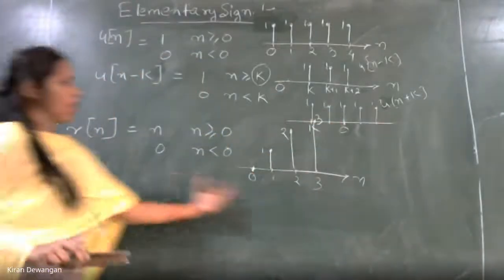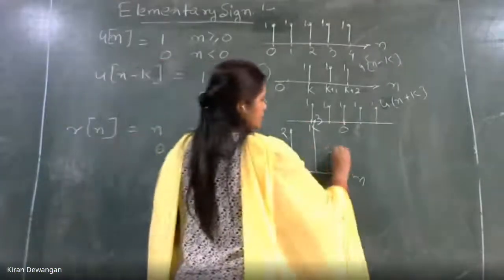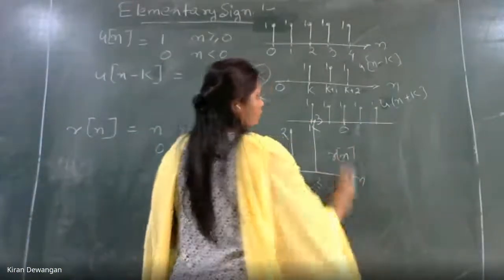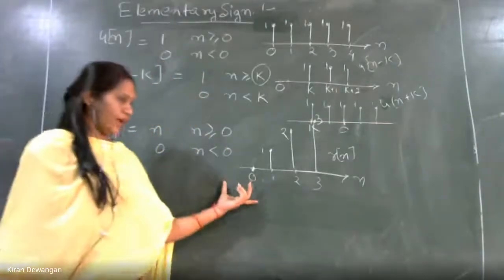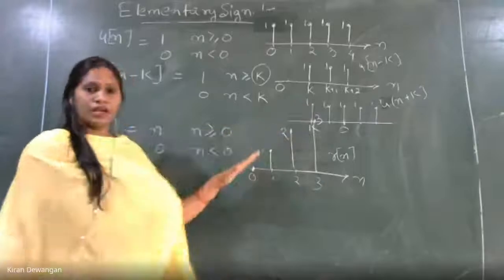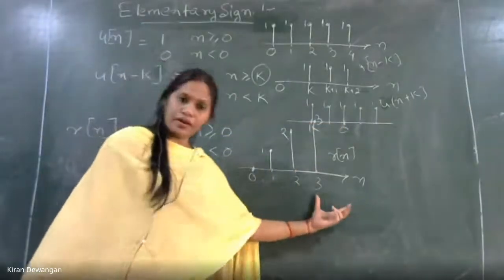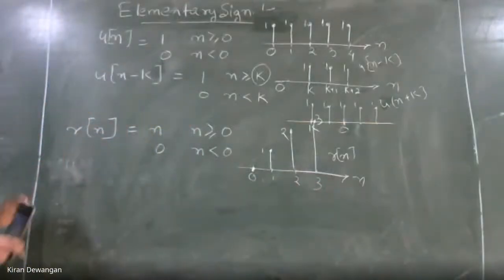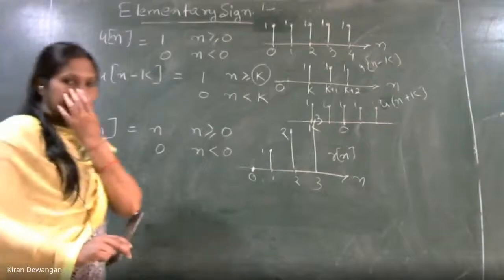So this is how r of n is plotted. मतलब discrete plot of ramp signal. It is just a sample going on increasing at every value of n. ठीक है? Now similarly we can just shift also. इसको हम shift भी कर सकते हैं.